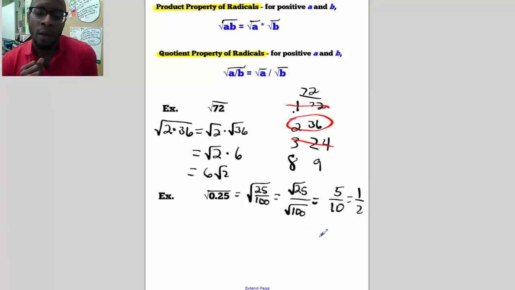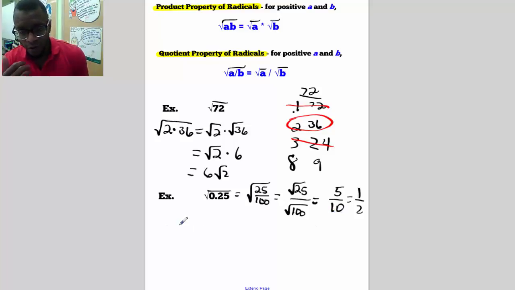Now, one thing that I want to go back and say, whenever we take the square root of a number, remember that we have two options. We have its positive square root, and we also have negative. So for example, when we take the square root of 25, remember that we're looking for a number times itself that gives us 25, and we know that to be 5.